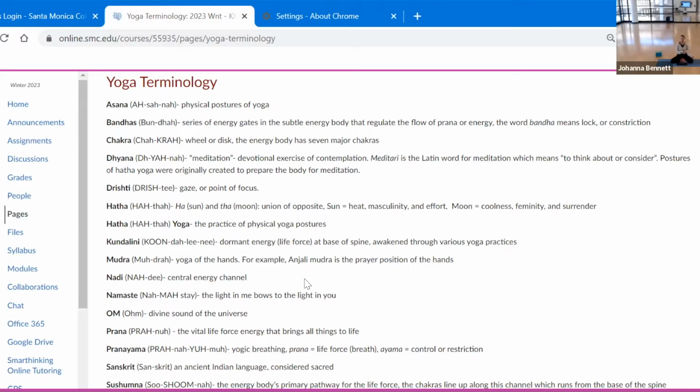Then there's the term Kundalini, and this is the energy that is part of the spinal energy. We are trying to activate it and awaken the prana shakti known as Kundalini, the energy that runs up the spine. And then the next term is mudra, and you'll read through this a little more carefully.